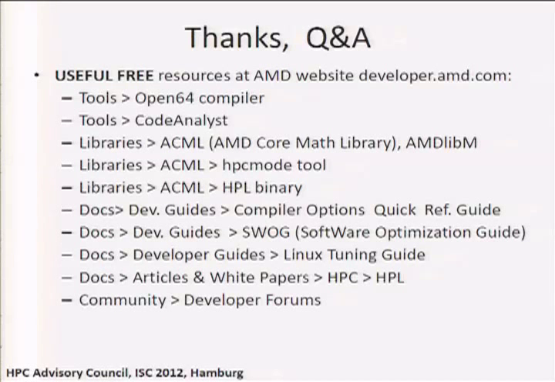So you can use the GCC compiler or PGI or Open64, yes, all those three, to get FMA4 instructions. FMA3, you can't use on Interlagos. You will be able to use it on the Abu Dhabi.